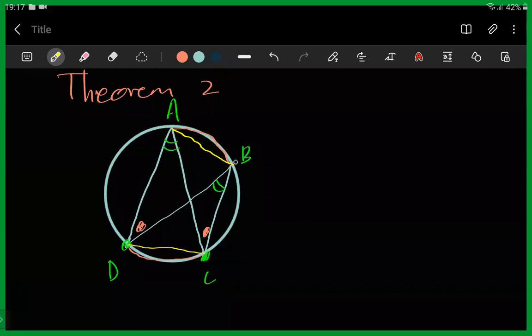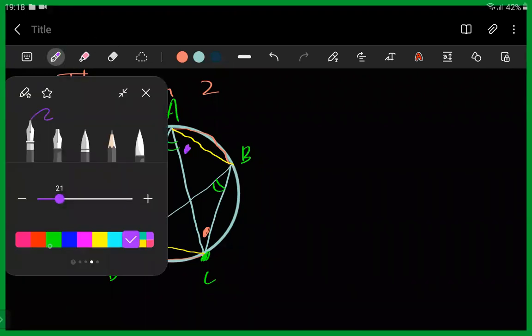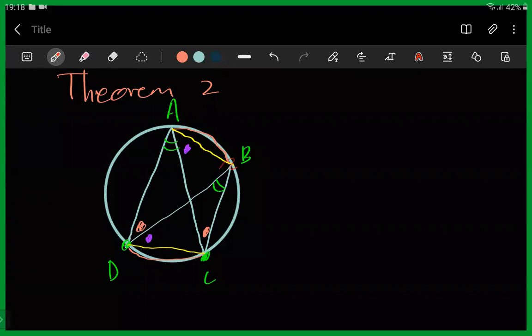It even gets worse, because now you have more angles if we had those lines, because now this angle here is equal to that one, and those angles are subtended by the arc BC, or you can say subtended by the chord BC. Do you see that? The same goes for this one.